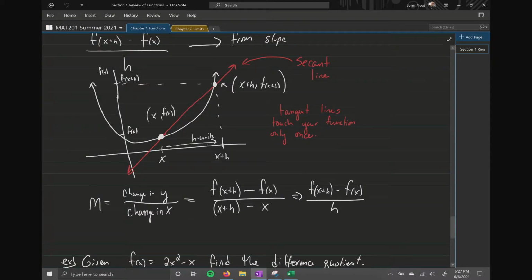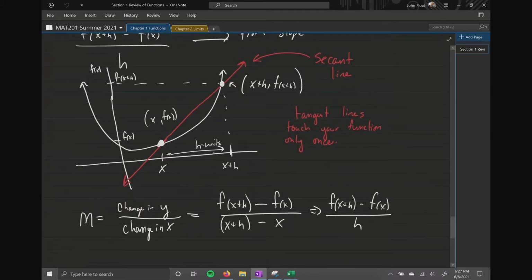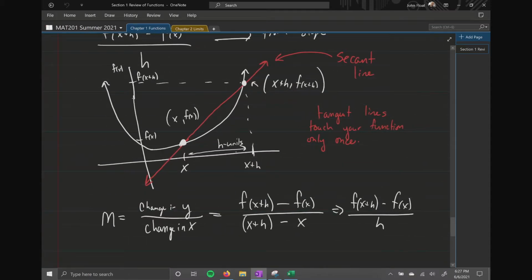And a secant line is a line that touches our function twice. That's shown here in red. And we know that slope is change in y divided by change in x. So I'm going to be very crude here in the way I'm writing this. This is going to be y2 minus y1 over x2 minus x1. And if you do all the simplifications here, you get the difference quotient.